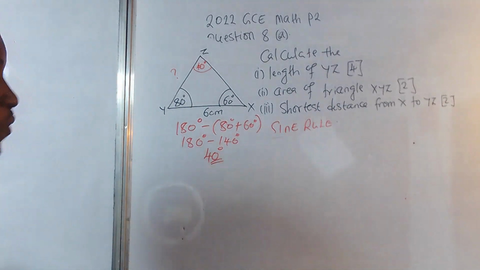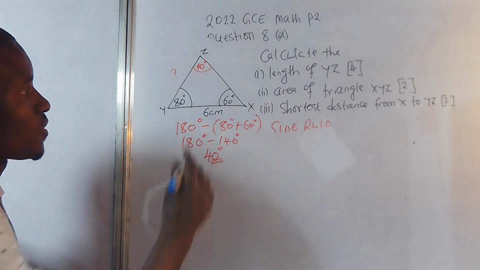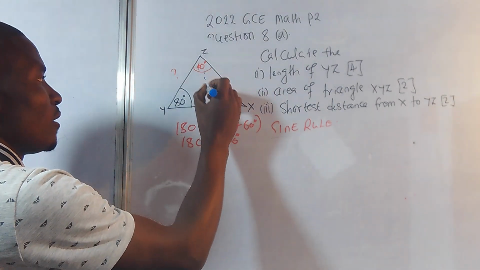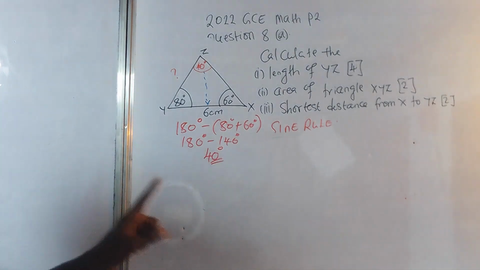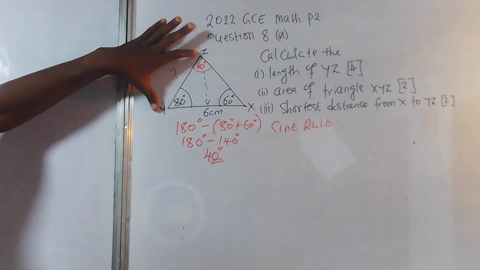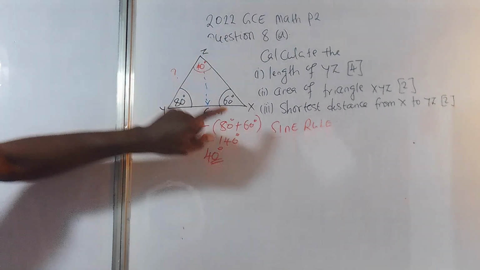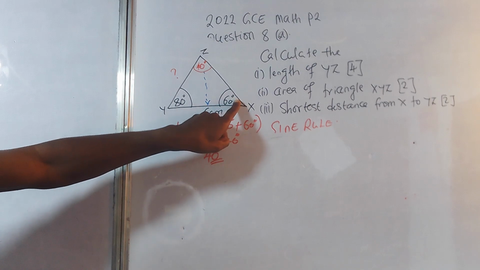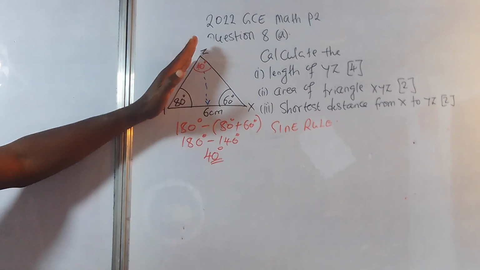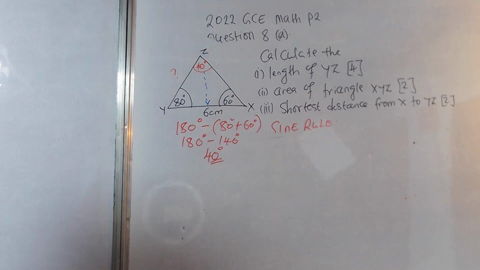So we use the sine rule, okay? From there, what you're going to have is this. Now remember, what you're looking for is this YZ. So we're going to use the angle X, or rather 60 degrees, which is opposite to that length.